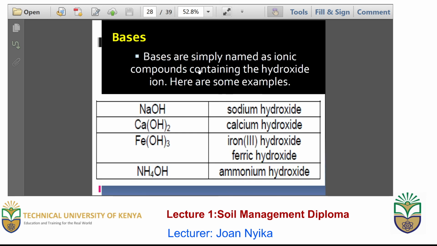In the case of bases, bases are simply named as ionic compounds containing hydroxide ions, as we have learned in previous classes. Just like in the case of ionic compounds, the first part does not change.